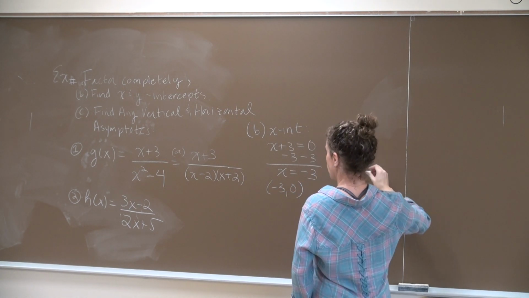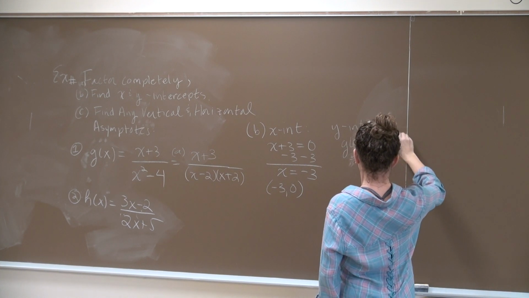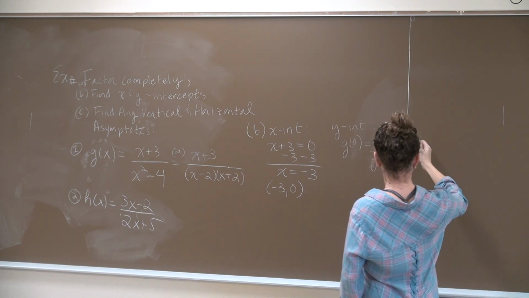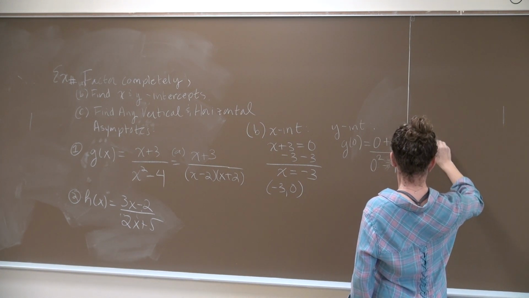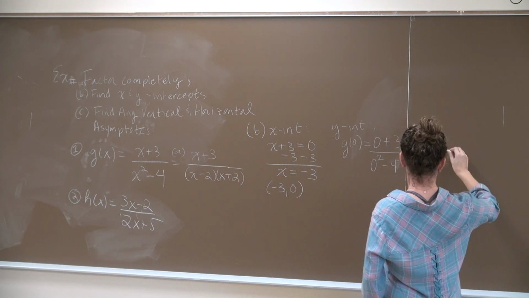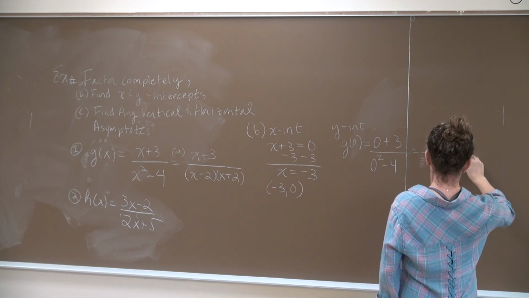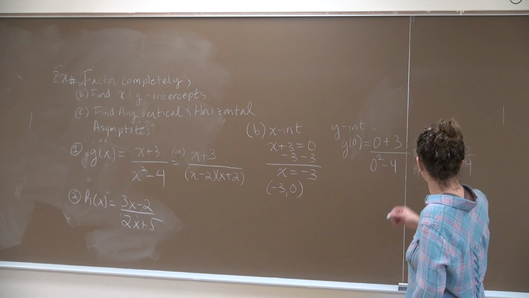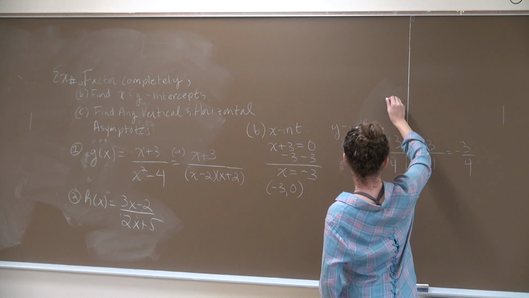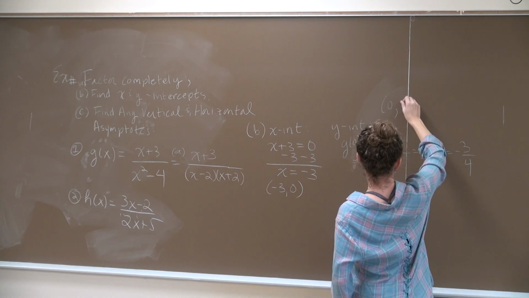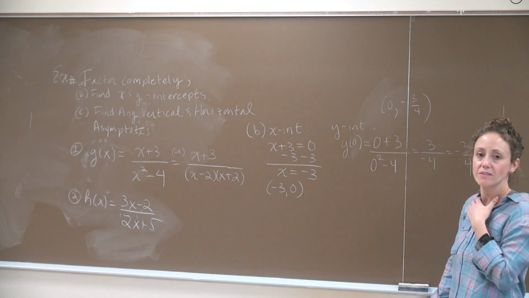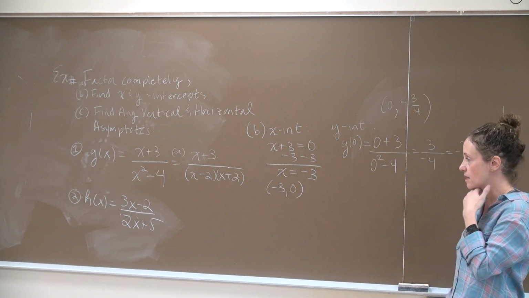So I have g of 0 equals 0 plus 3 divided by 0 squared minus 4, which is the same thing as saying 3 over -4 or -3/4. Again, this is giving us another ordered pair that's on my graph. And now I know the ordered pair when x is 0, -3/4 is going to be on my graph. So we have 2 ordered pairs that are on our graph at this point by finding the x and y-intercept.